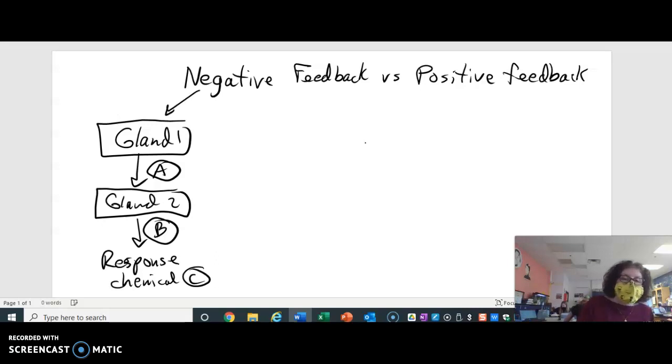In negative feedback, what happens is when C builds up to a certain point, here I'll use red, it negatively will feed back to the original gland and turn it off, thus switching off both gland 1 and gland 2's secretion of the chemicals that eventually led to C in the first place. That's pretty much simple negative feedback.